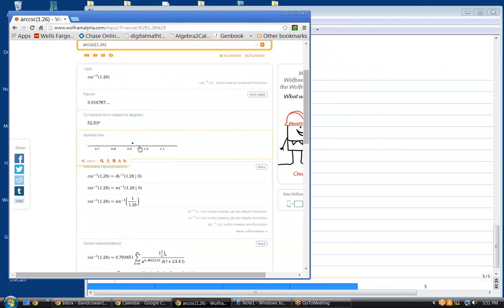It's interesting that they gave me the answer in radians to 6 places. But then on degrees, they don't even offer me the choice. Notice that I could have gotten the answer in radians to more digits, but they don't give me that choice on the degree answer. Degree is more accurate than a single radian, maybe.